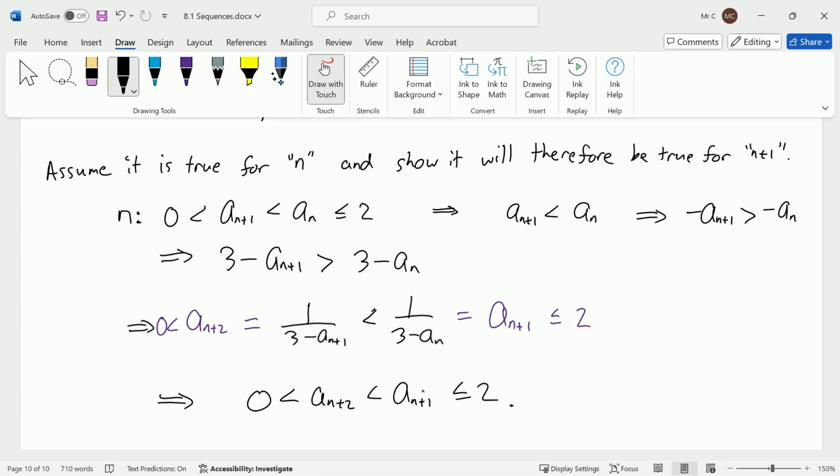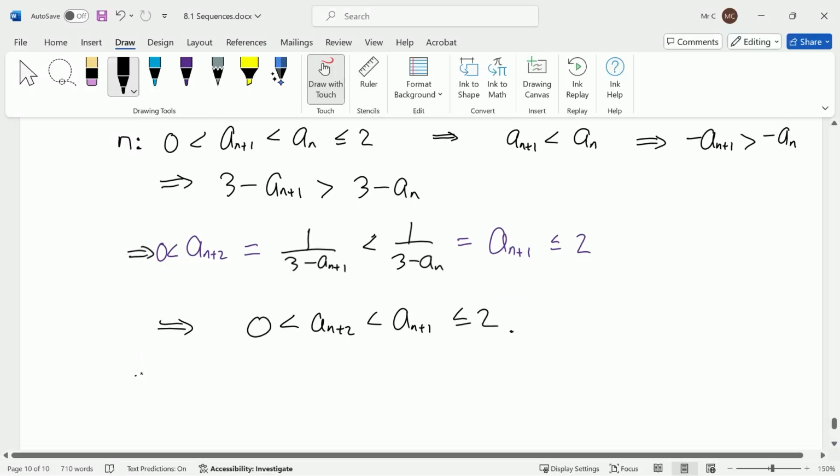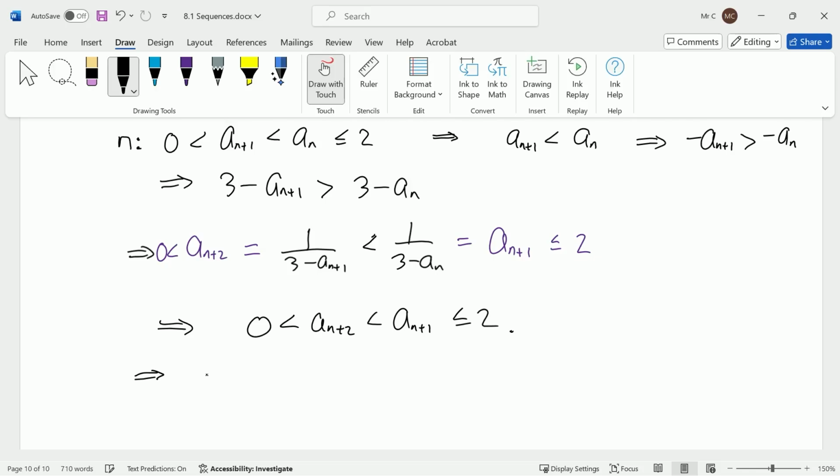And then we can use that to show a4 is less than a3. So what we've done is written an algorithm that shows each term bounded by the term before it and still positive. And that proves it for the n plus 1 case.